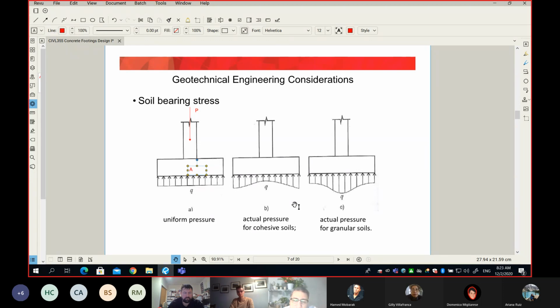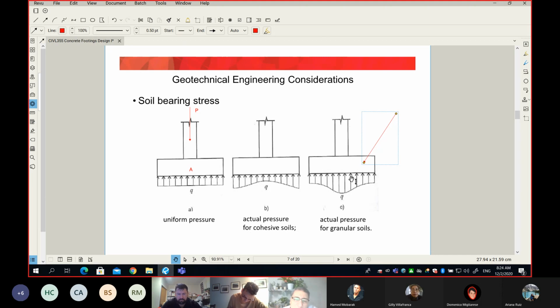The soil, when it reacts to the load, has a stress distribution that looks like either B or C. It depends on the type of the soil, and not only that, it depends on the stiffness of your footing. I know this is not an easy discussion. I want you to think about the soil as springs. So we have elastic springs, and at some point in our course we talk about stiffness.